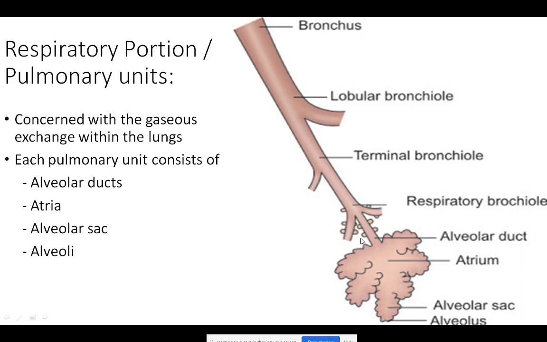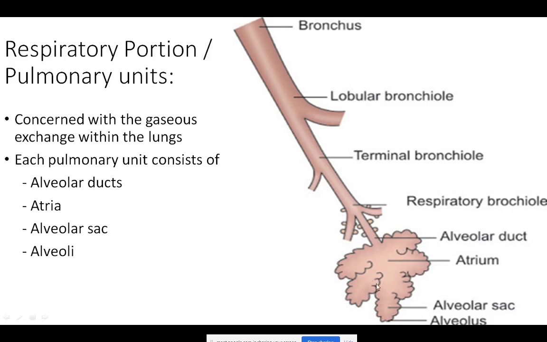The respiratory portion starts from the alveolar duct, not from the terminal bronchioles, not from the respiratory bronchioles. The terminal bronchioles are the terminal end of the conducting portion, whereas the respiratory portion begins from the alveolar ducts, and then we have the alveolar sac.